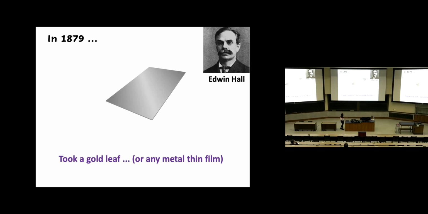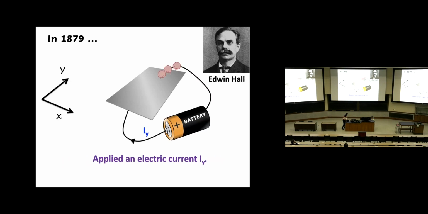Okay, so he took a gold leaf, although this is not gold, and what he did was he applied an electric current to it. Okay, so what an electric current does is that it's pushing electrons into the sample, into this gold leaf, in this y direction, okay, this longitudinal direction. Okay, and I'm gonna call this electric current I_y because it's in the y direction.